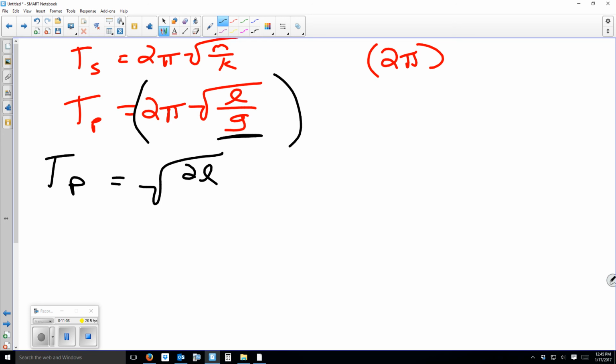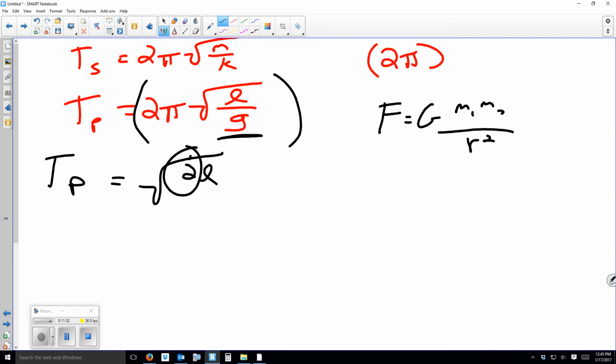Just like when we had this equation, F equals big G M1 M2 over R squared, and if we doubled the radius, we had a change of 4 times. 4 times smaller, but 4 times because we had to square it. The same thing is true here, but now that has to get square rooted.